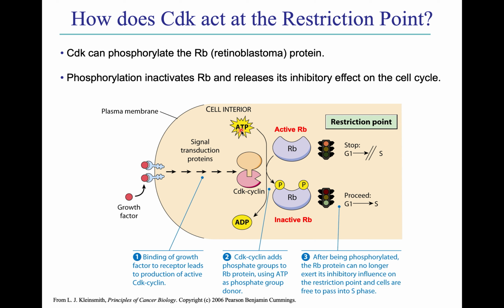As we just talked about, taking a phosphate from ATP, or multiple phosphates, adding it to retinoblastoma, and then that is going to inactivate that retinoblastoma protein, effectively turning the red light green. So you'll see some variation on that at any of these multiple cell cycle checkpoints. Cyclin CDK showing up, phosphorylating some protein, some enzyme, and then that's going to change the biological activity of the cell.